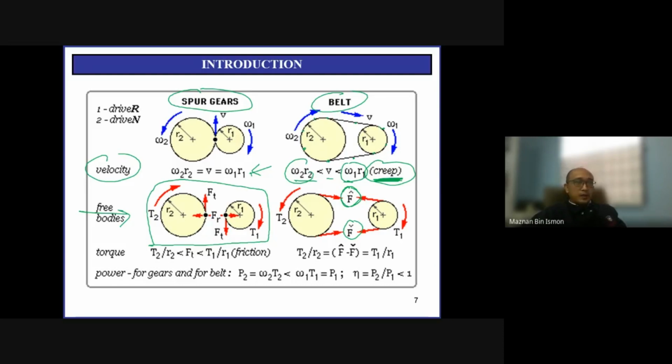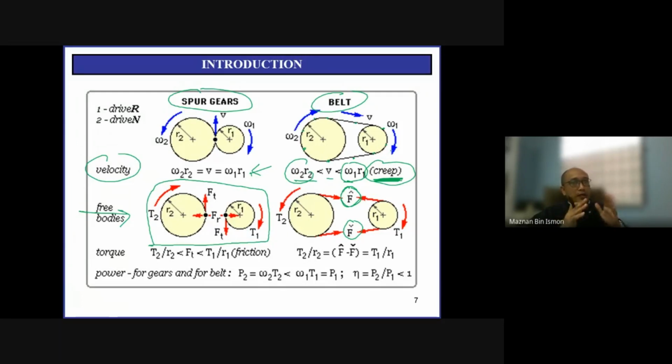Here, tension of the belt is actually the resultant of the tension. Resultant tension, meaning you got the higher tension on the tight side, and then minus the tension on the slack side. Then only you get the resultant tension.